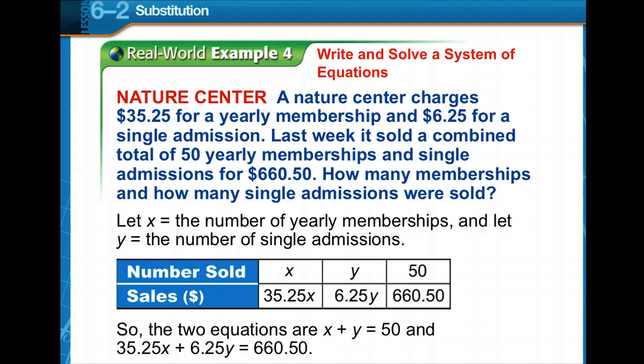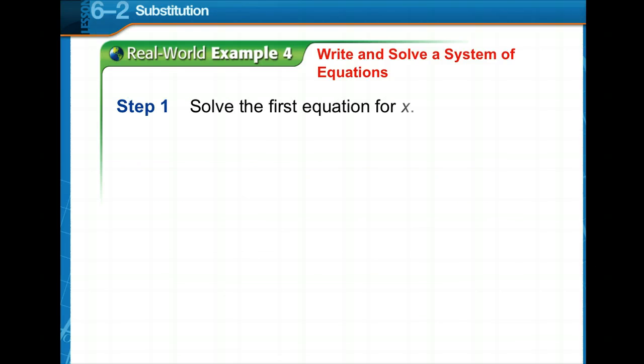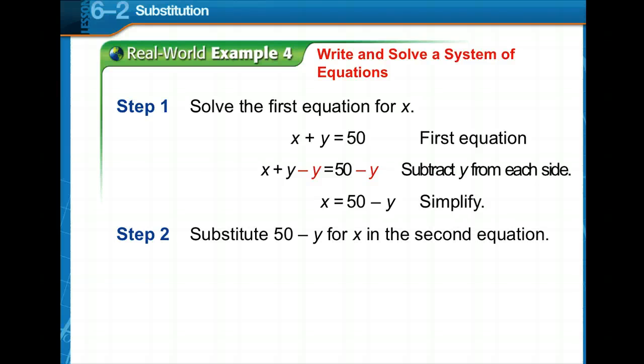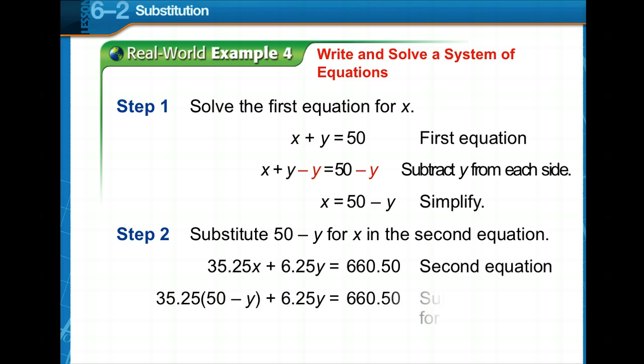So we've got our two equations. Let's solve the first equation for x, since we've got ones for coefficients. So x is equal to 50 minus y. Now we're going to substitute in 50 minus y for x into the second equation, which we have done here.